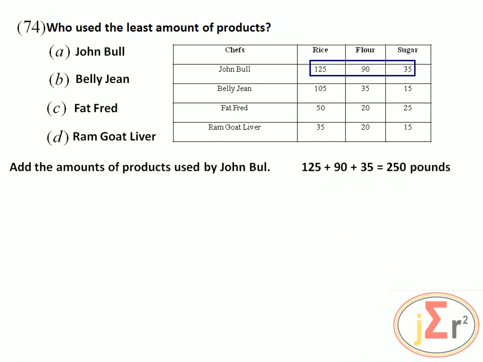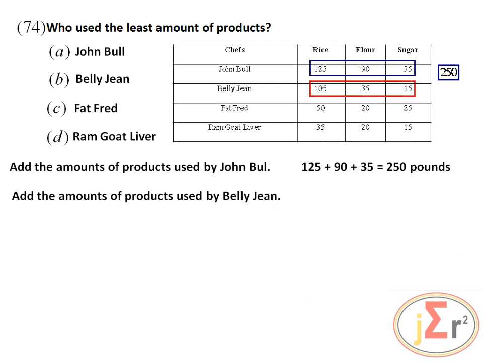So we are going to add 125 plus 90 plus 35, and that is equal to 250 pounds. We are going to do the same for Belly Jean. Belly Jean has 105 plus 35 plus 15, and that is equal to 155 pounds.